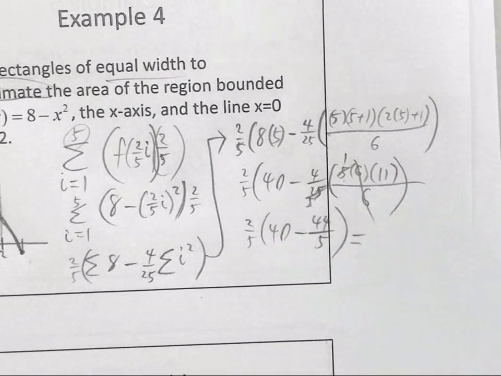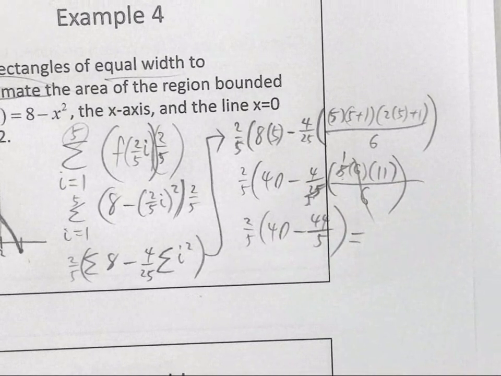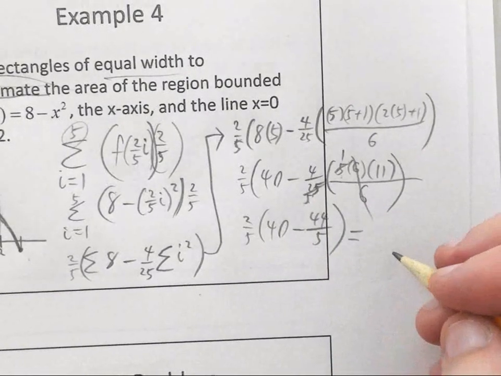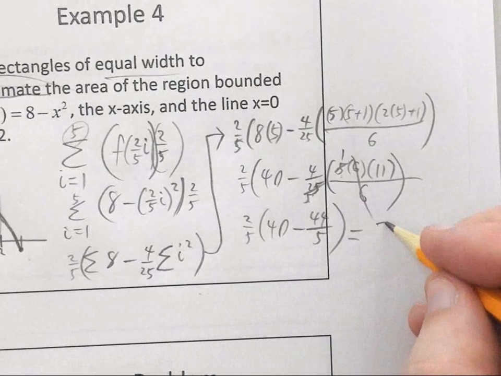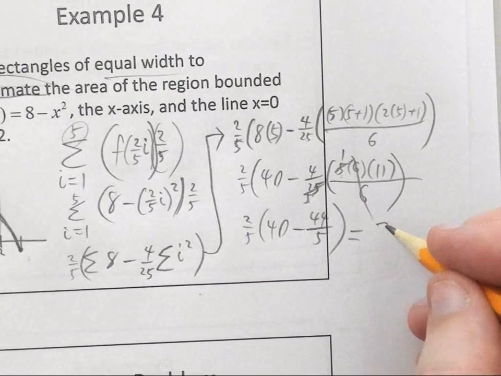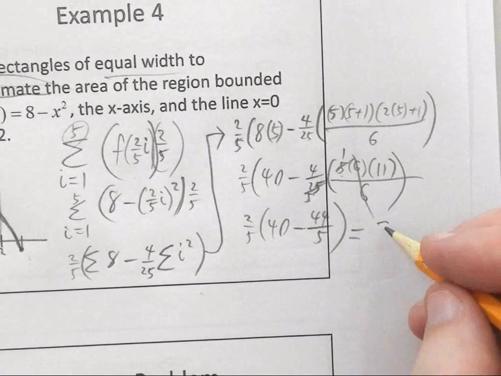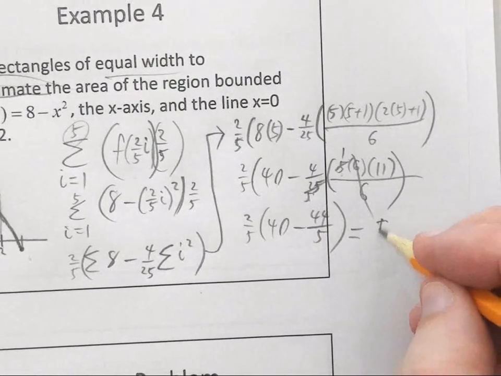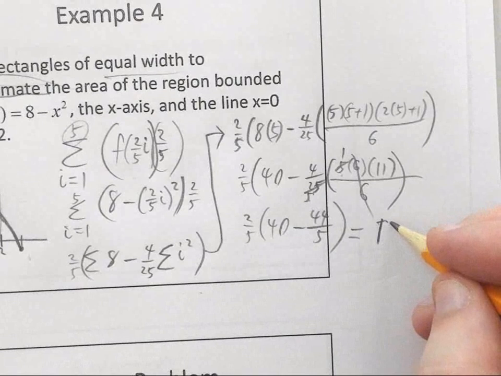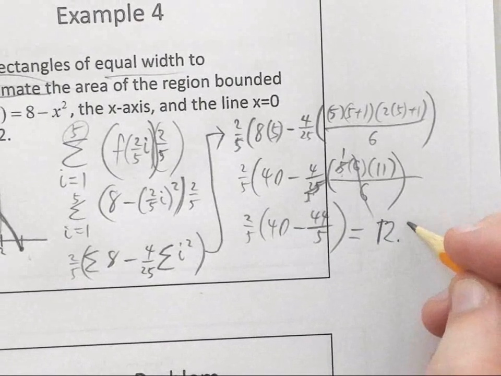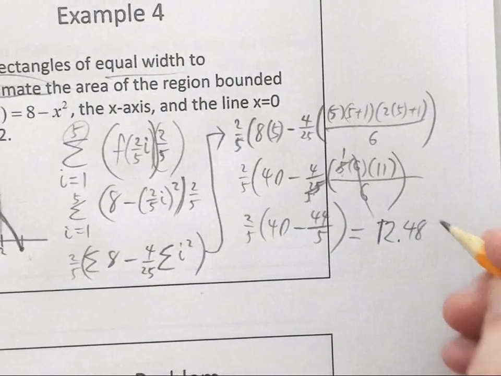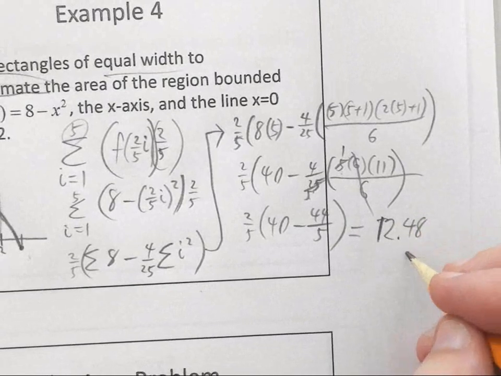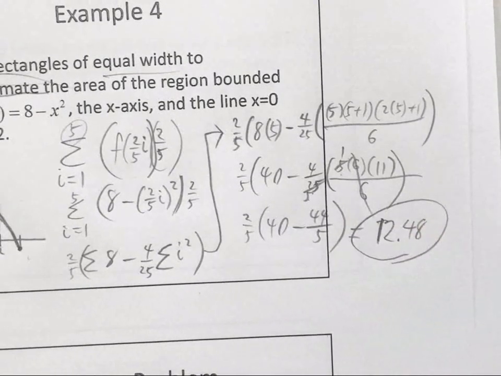What do you get? No, not 31.2. 12 point what? 48. 12.48.